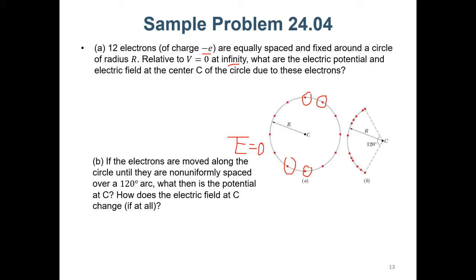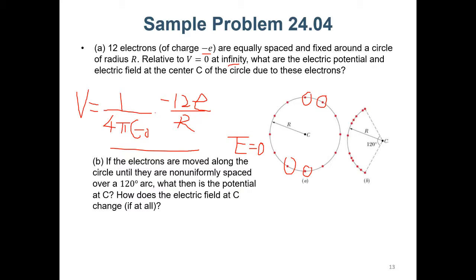But the V, you add all the potentials together, so it will be 1 over 4 pi epsilon 0. Every one is minus e, so totally minus 12e over capital R. So very simple.